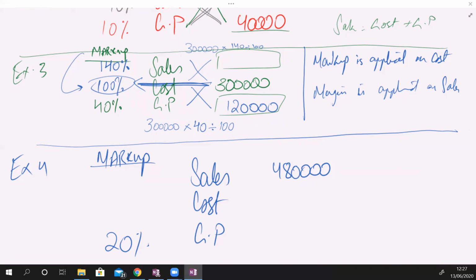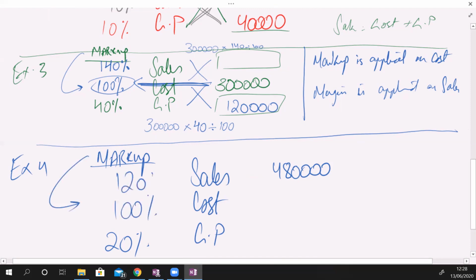Okay. Since it is markup, within markup the cost of sales would be 100%, so sales would be 120%. Now the values of cost and GP.